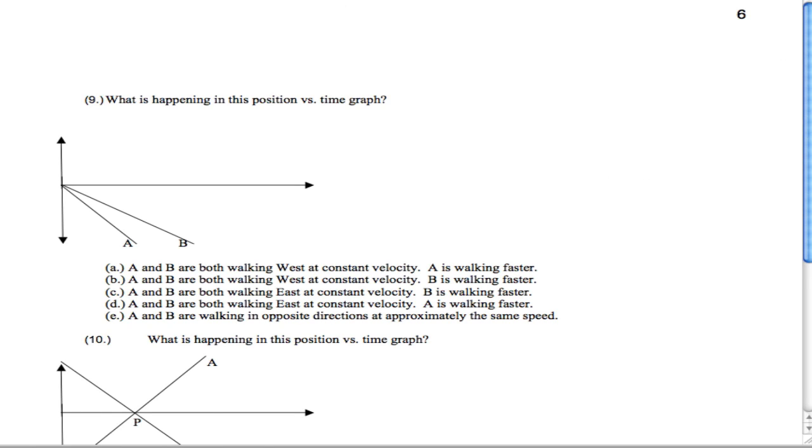Let's remember, if we have a graph and we have 2 objects, let's say a blue object and a red object, let's just compare.